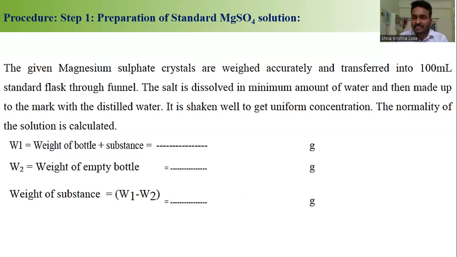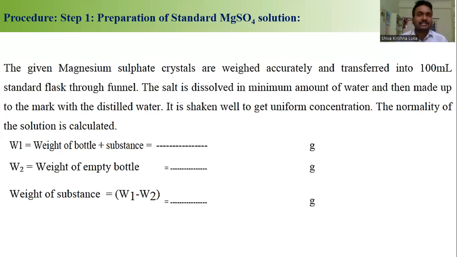In the second step, we are going to standardize the given EDTA solution with the help of MgSO4 solution. Because in step 1, we already determined the molarity of the given MgSO4 solution. As we know, if we are provided with two chemical substances and we know the molarity of one of them, we have to use the famous formula called the law of equivalence.